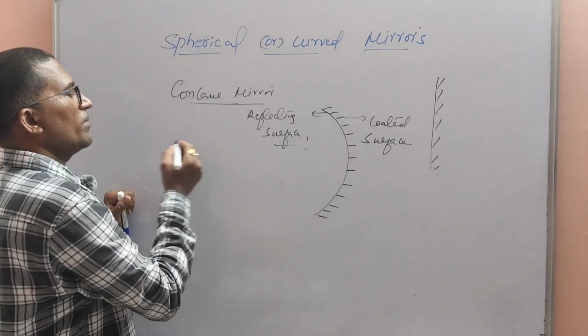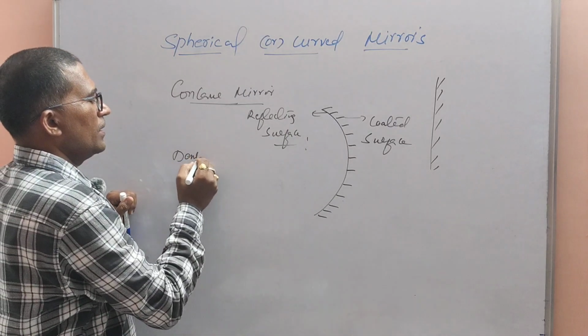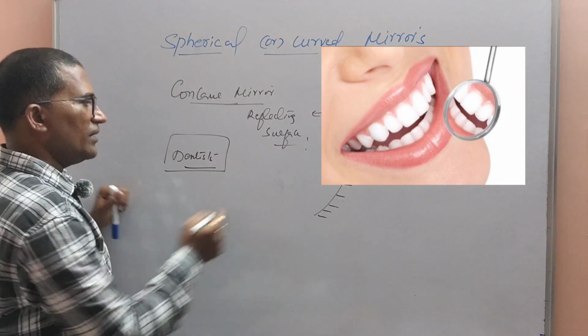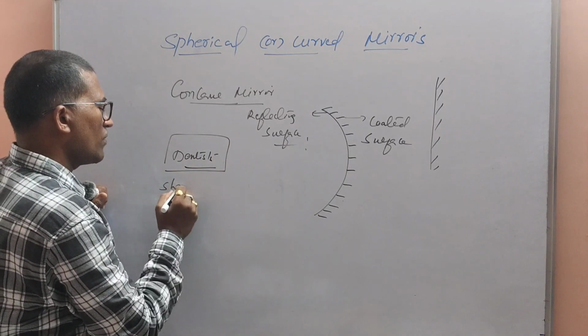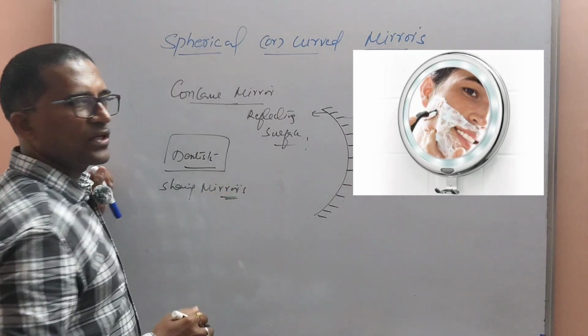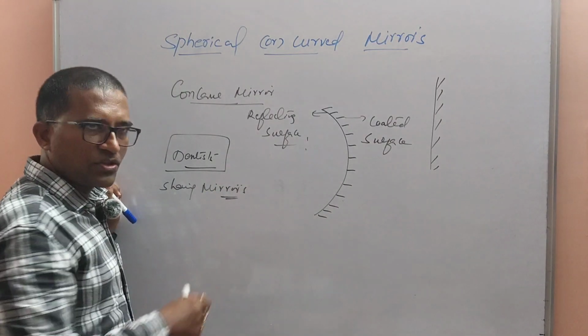We come across these concave mirrors commonly. These concave mirrors are commonly used by dentists, and these are also used as shaving mirrors. You can see the display of the examples on the screen.